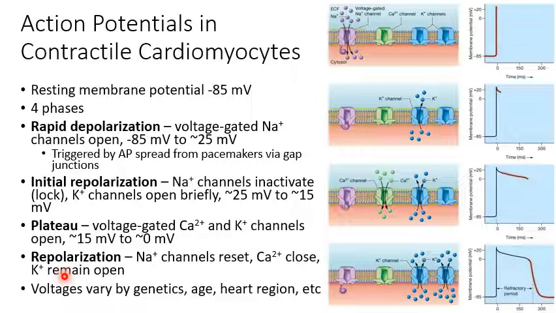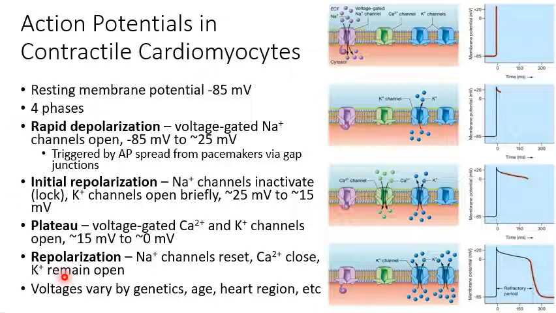It depends on your genetics, it can depend on your age, and it can depend on what part of the heart we're talking about specifically. So the voltages can differ between one part of the heart and another part of the heart, and within one person's heart even. Right, so it's going to go up to about 25 millivolts by the end of the rapid depolarization phase. Then you're going to enter the initial repolarization phase.